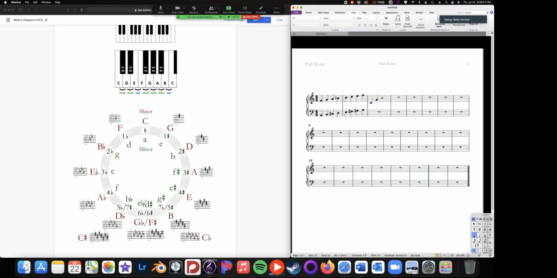That is an interval of a fifth because the distance between there, if we start on the C, we have the distance of a fifth there. So if we start counting, the C is 1, this would be 1, 2, 3, 4, 5. So counting like that, this gives us the interval of a fifth, okay? And we can apply that same thing to basically all of these.